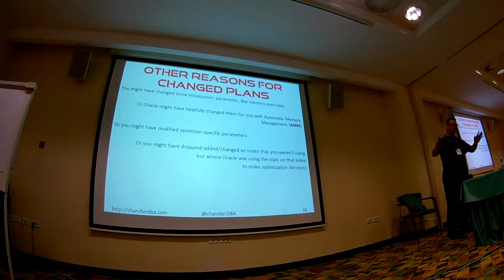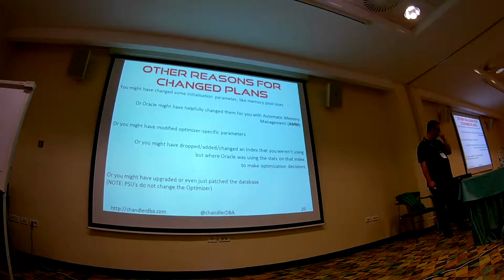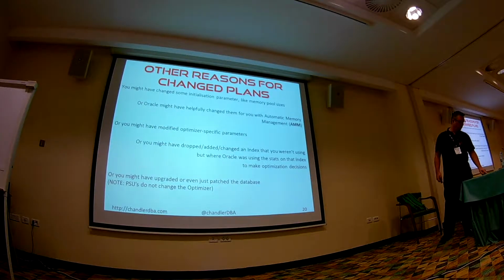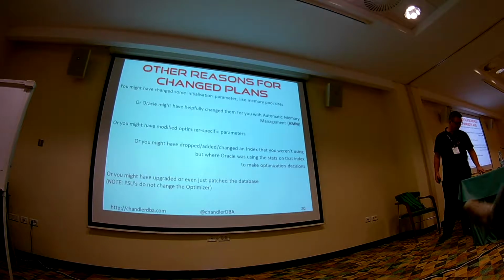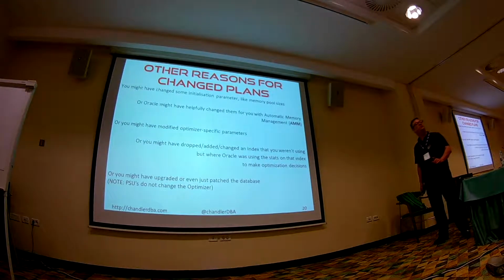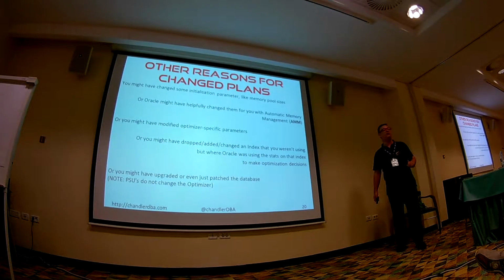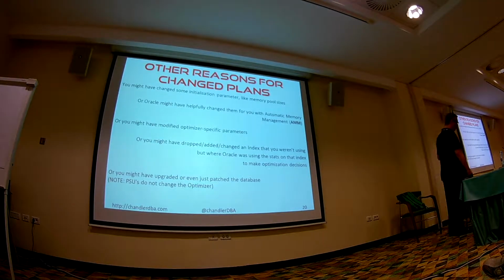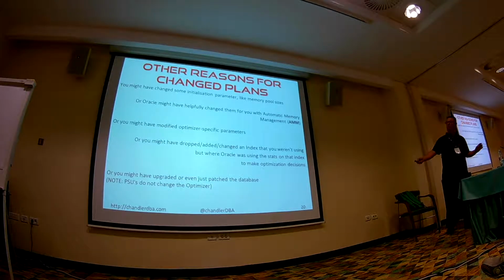It will make things a little more stable. Or you might have upgraded, or even just patched your database. But not with the PSU patches, because they do not change the optimizer. But any kind of other patching may.